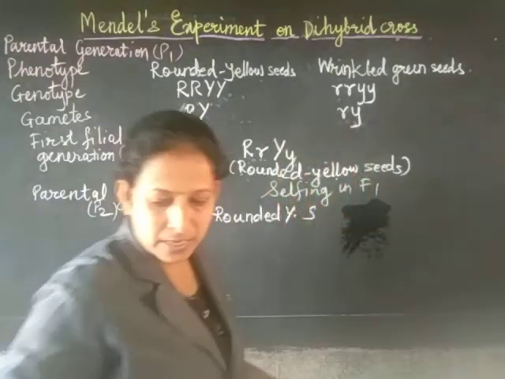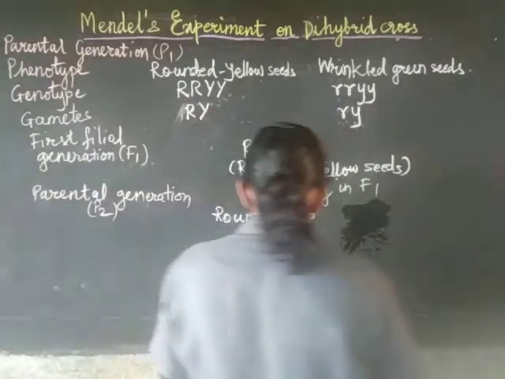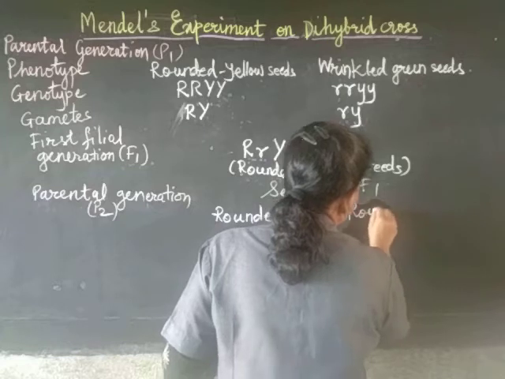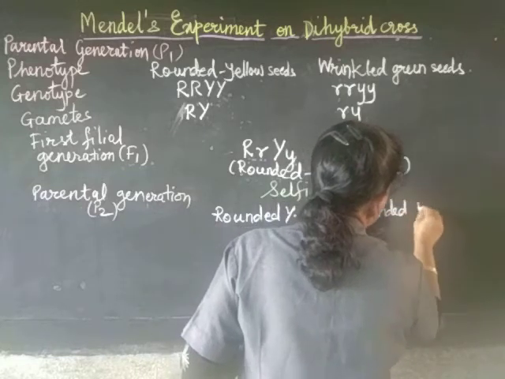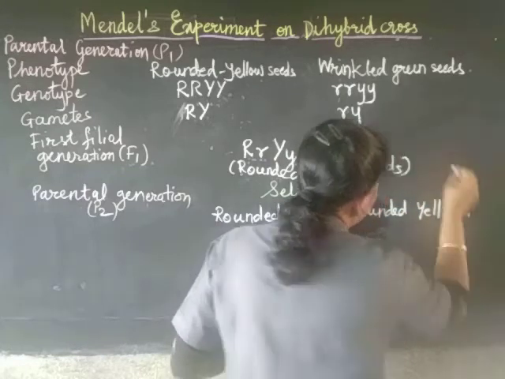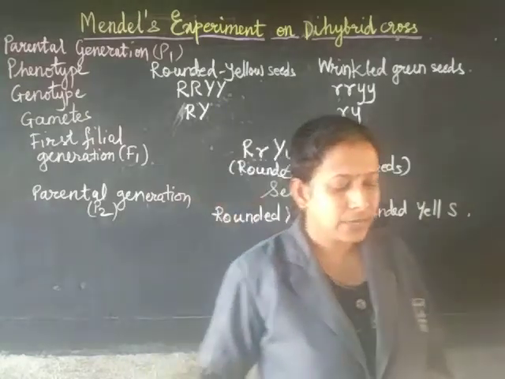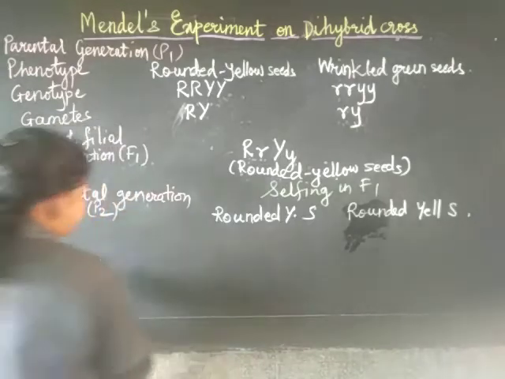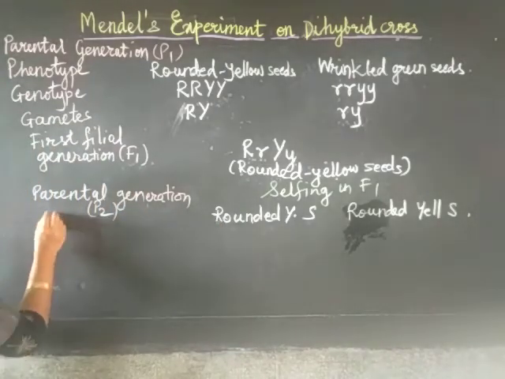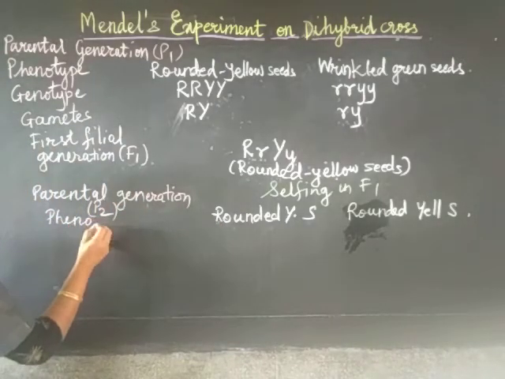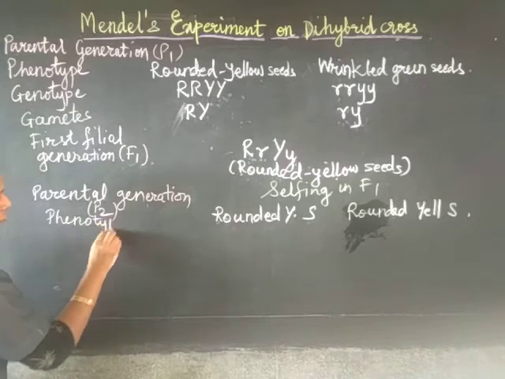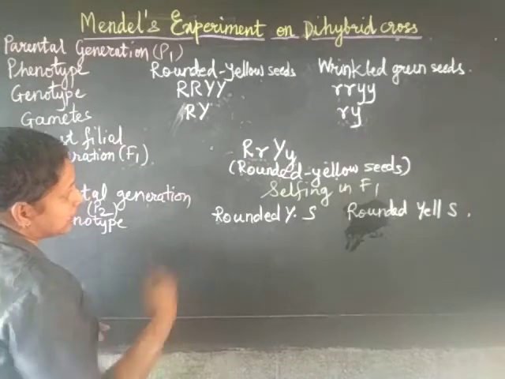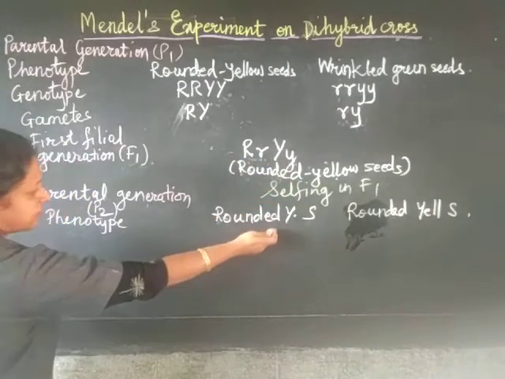Since it is selfing, it will be rounded and yellow seeds only. This is called the phenotype of the parental generation P2, which is nothing but capital R, small r, capital Y, small y.